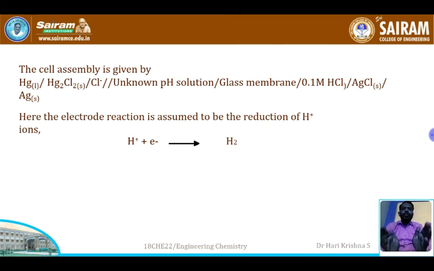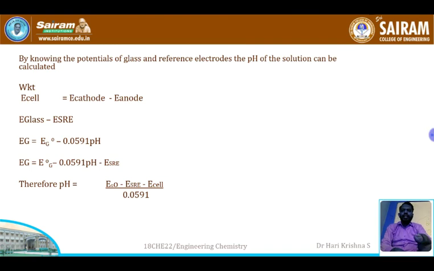Once the cell potential is measured, it will be substituted in the following equation. We know that E cell equals E cathode minus E anode. While substituting, you get E g equals E g naught minus 0.0591 pH, where E SCE is the electrode potential of the calomel electrode.